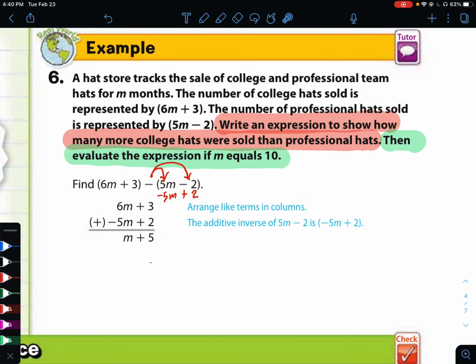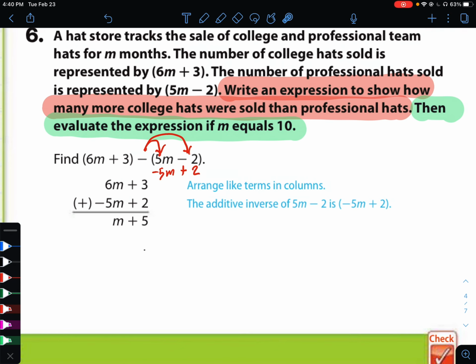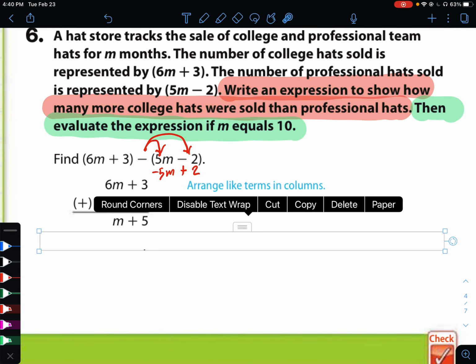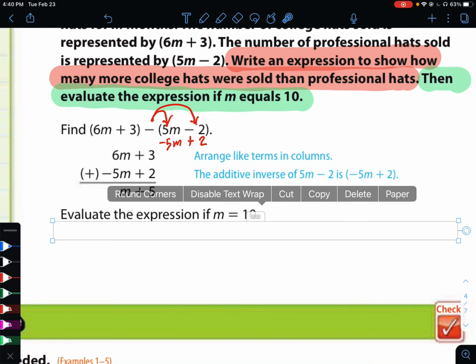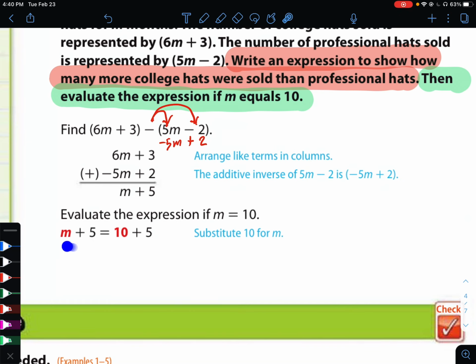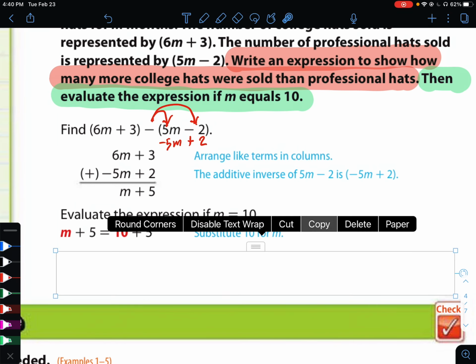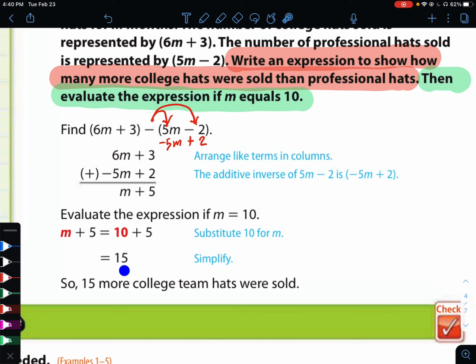So now that we have found our expression, we have answered the first instruction. We need to substitute the value of m, which is 10. So doing that, m plus 5 is the same as 10 plus 5. 10 plus 5 is 15.